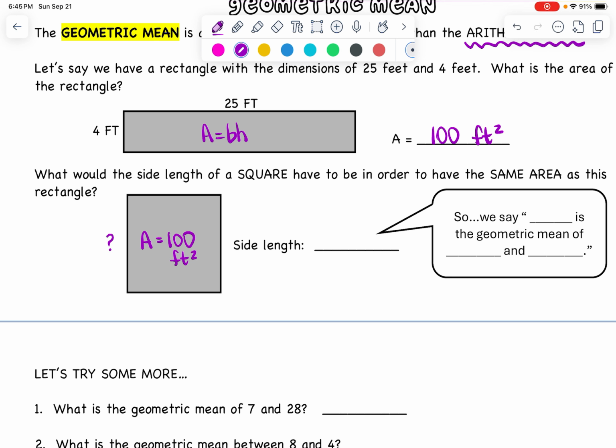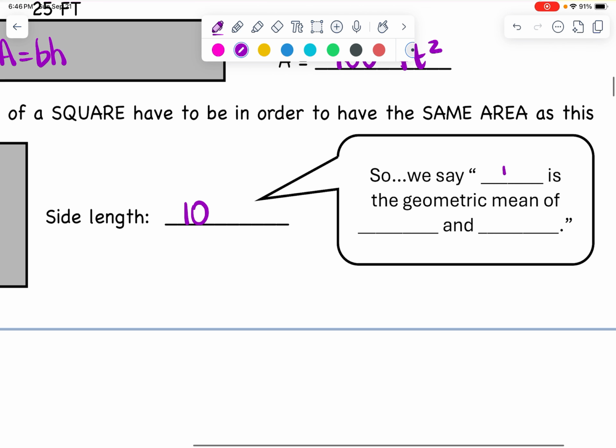What would the side lengths of the square have to be to also give you an area of 100? Well, obviously, you're asking yourself what number times itself gives you 100 because it's a square, and hopefully you're all shouting 10, right? And that, guys, that's the answer. So we would say that 10 is the geometric mean of 4 and 25 because 10 is the side length of the square that would have the same area as the rectangle with those dimensions.